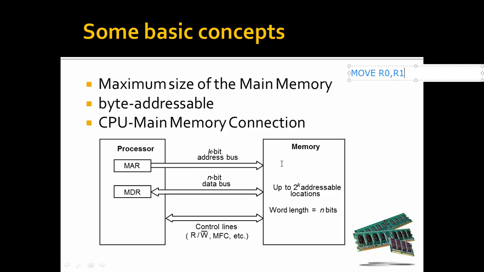To transfer data between two devices, we use the bus. In that bus, we have address lines, data lines, and control lines. Do you remember? We learned this in the bus structure.